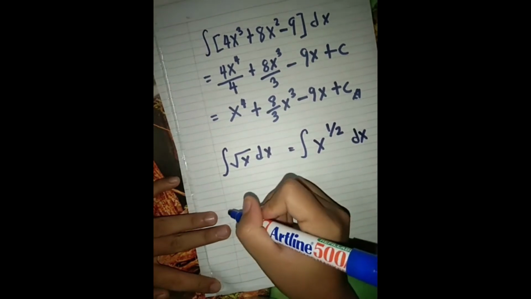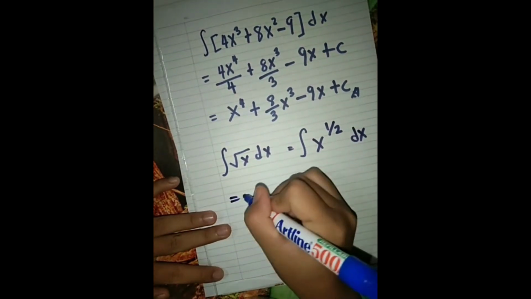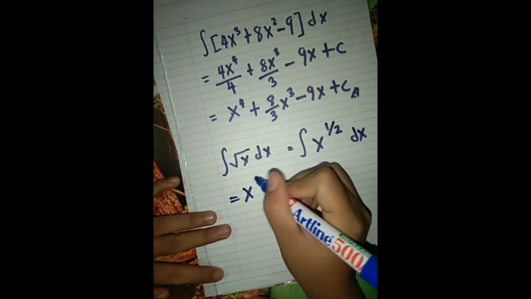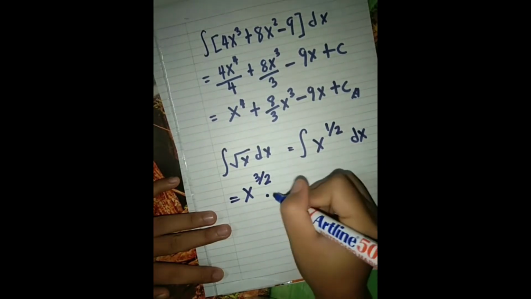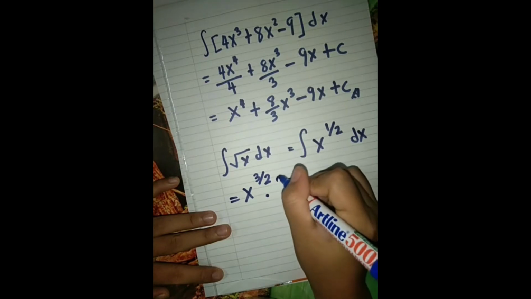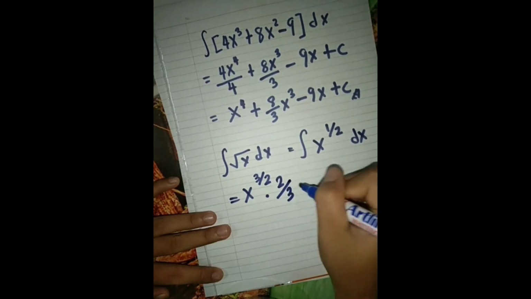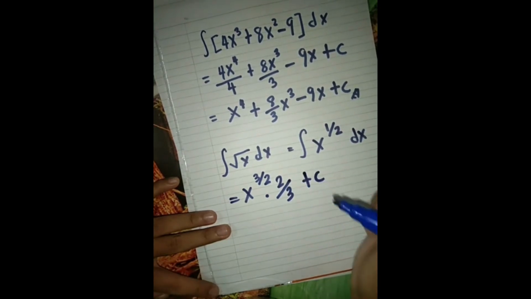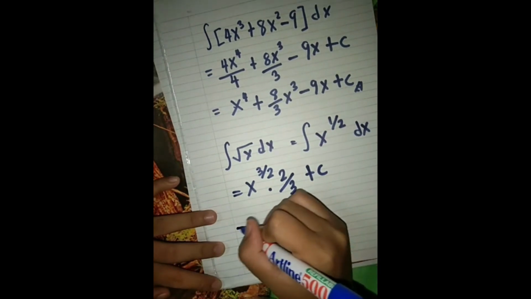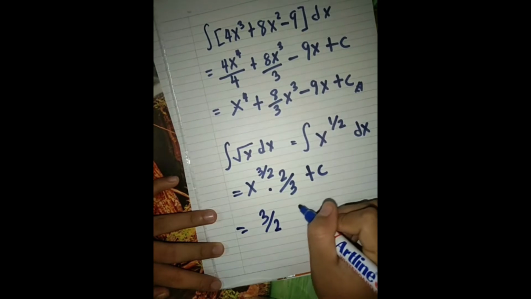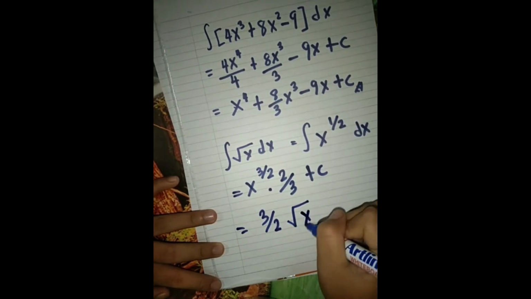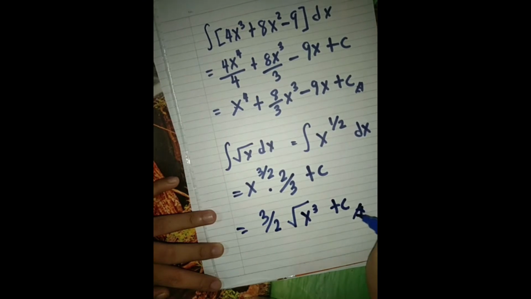So this is going to be x to the power of 3 over 2 over 3 over 2 plus c. Then we get 2 over 3 square root of x cubed plus c. So this is the answer.